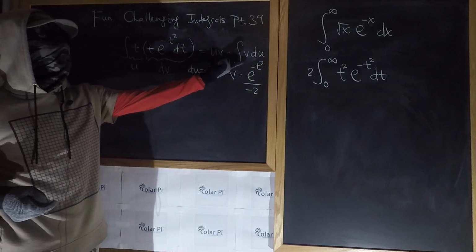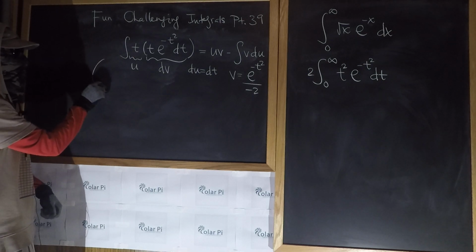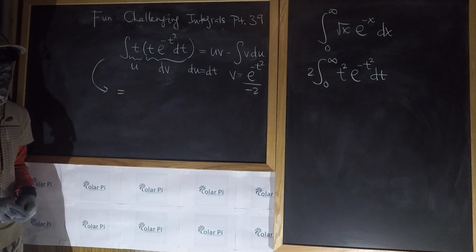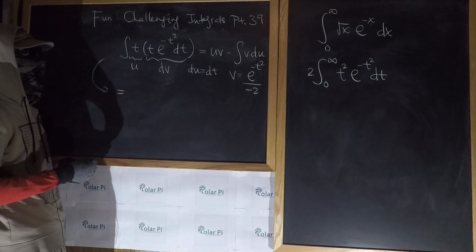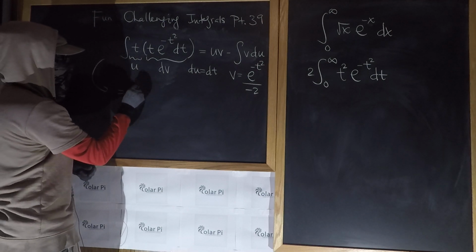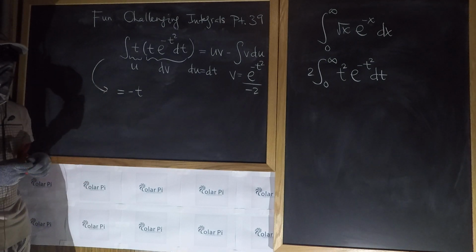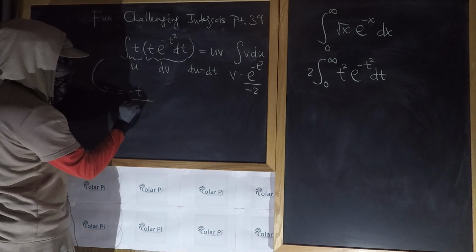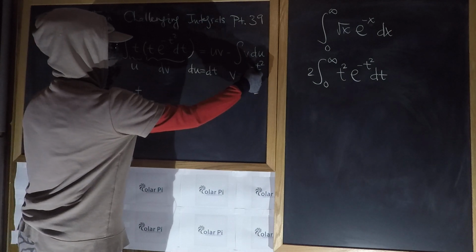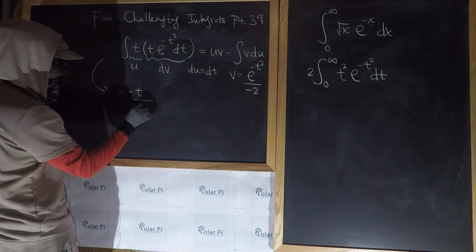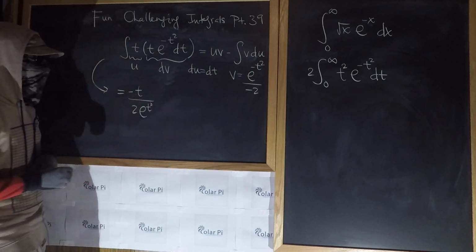So then the right hand side is going to be equal to uv. u is t, but from that negative 2, I'll take the minus sign, and then divided by 2. And we can put this downstairs with a positive exponent, e to the t squared, like that.